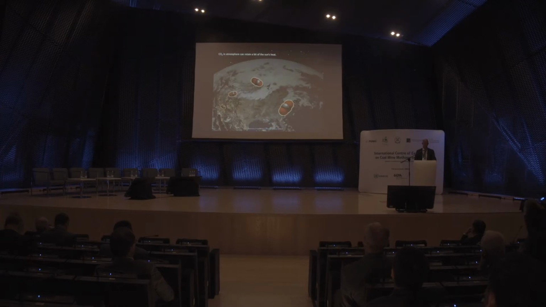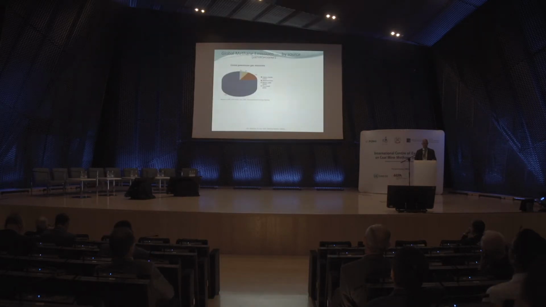So this is an illustration of CO2 in the atmosphere, and you can see they radiate a little bit of heat. And if you compare that to methane, methane contains much more heat. So comparing the two, there are a number of greenhouse gases, so normally you relate to CO2.